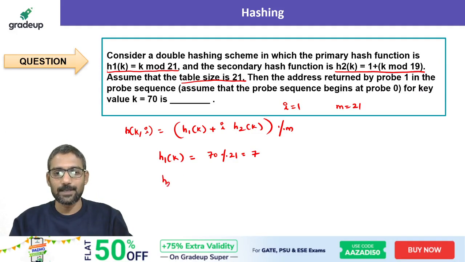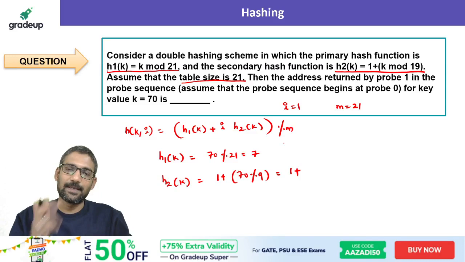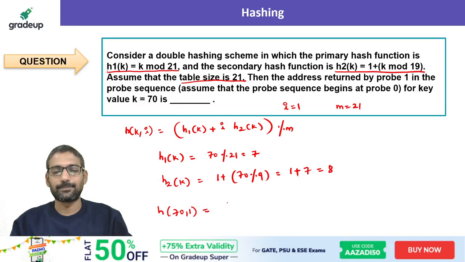And what is h2 of k? 1 plus 70 modulus 9. 9 sevens are 63. Remainder is 7 and this would be 8. Now what is h of 70 comma 1? That is h1 of k plus 1 into h2 of k, whole modulus 21.